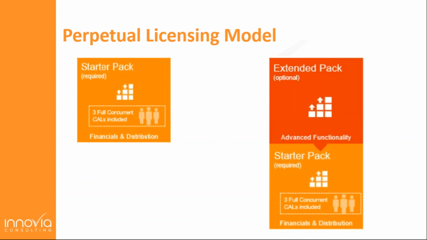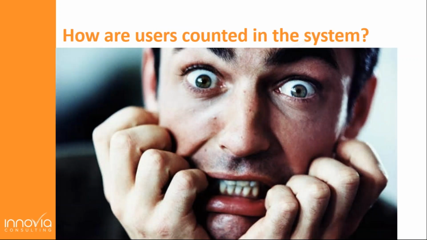So again, you can get the starter pack in the Perpetual world. Starter pack gets you 3 full concurrent CALs included with it, and then you can add the extended pack on to that. An important consideration that we started to talk about as we differentiated between subscription and Perpetual is how users are counted in the system.